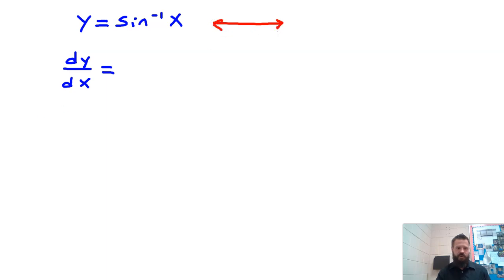If y equals the sine inverse of x, that means that the sine of y is equal to x. That's literally what sine inverse means: if I plug a ratio in, it gives me the angle out, and the angle I plug into the sine function gives me the ratio out. So we're just swapping the x's and y's using our definition of a sine inverse.